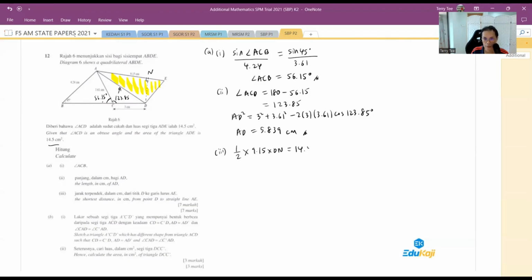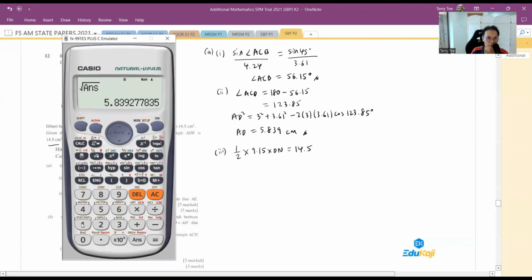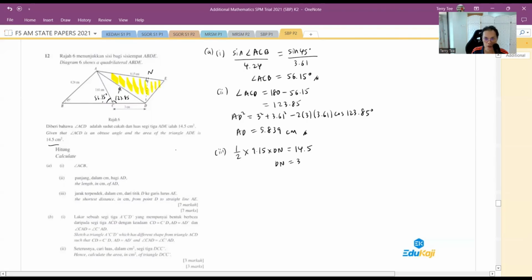This area is 14.5. Now let's take 14.5 times 2, divided by 9.15. I got 3.169. Your DN is 3.169. All right, that is part B.